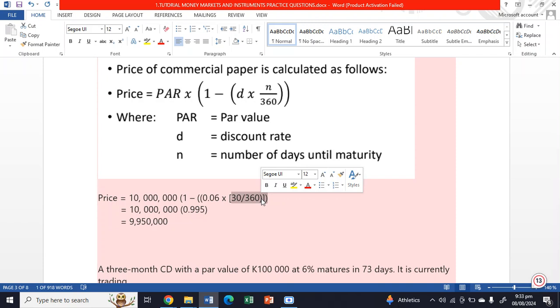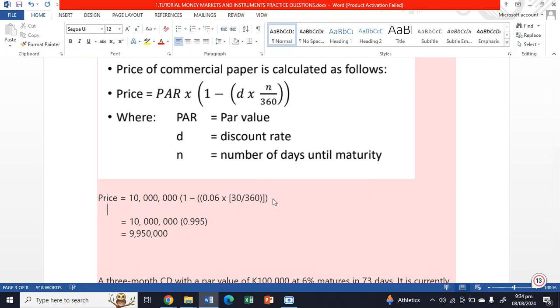So let's say 30 divided by 360, 0.0833, times 0.06. We get 0.00499. So let me put this step by step.